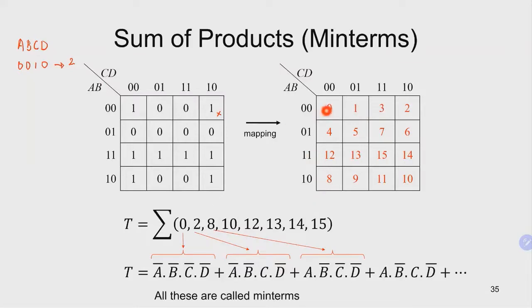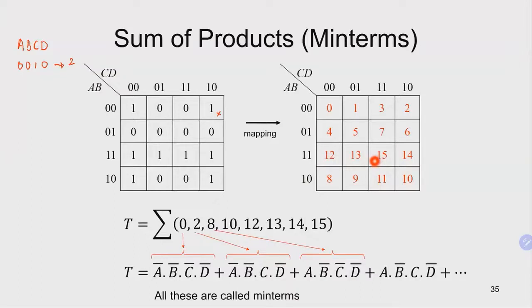Okay, so you go from 0, 1, and then skip 2, 3, and then 4, 5, skip again 6, and then come back 7. And then here, skip a row, and let's go from 8, 9, and then skip columns to 10, and come back 11, and then go back to 12, 13, 14, and then 15.